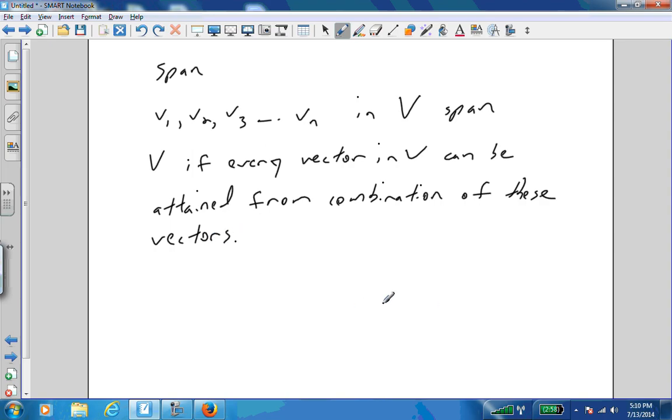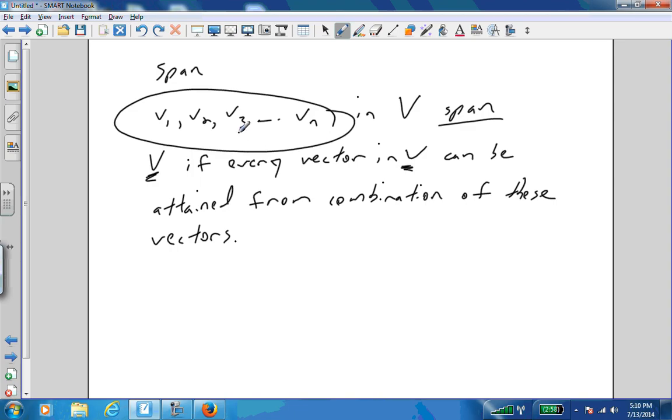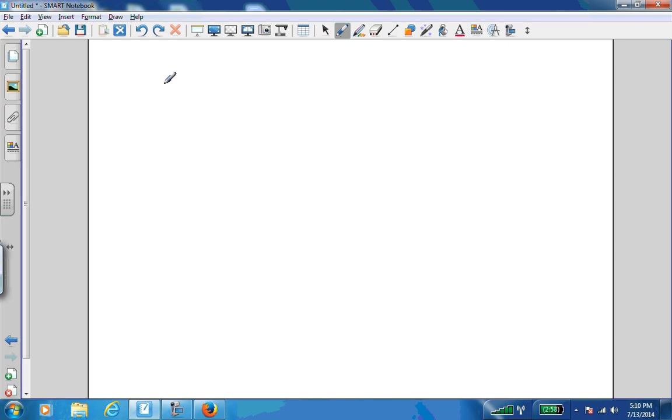So a set of vectors is said to span a space if we can attain every possible vector in that space using some linear combination of those vectors. Give you an example of that.